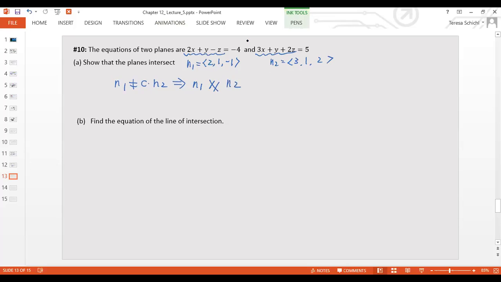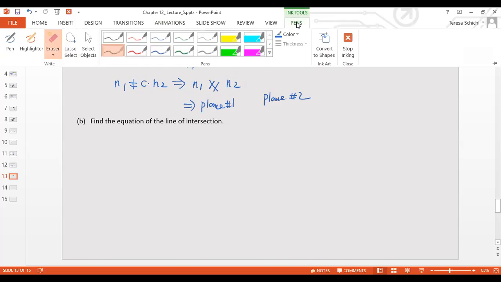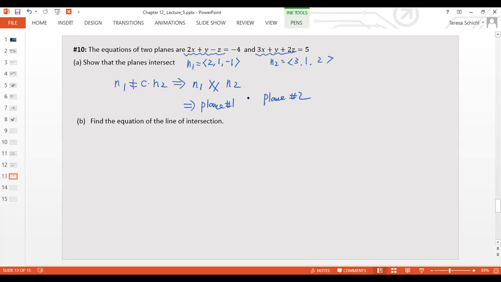If the normal vectors are not parallel, that means plane 1 is not parallel to plane 2.